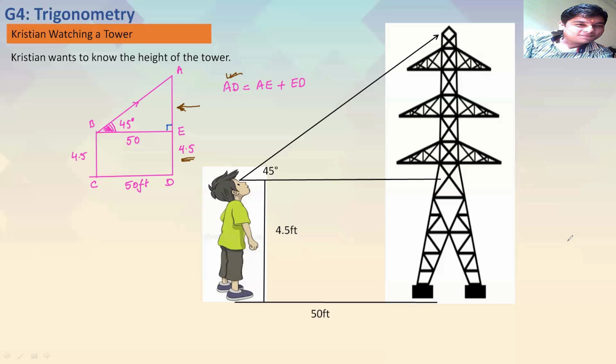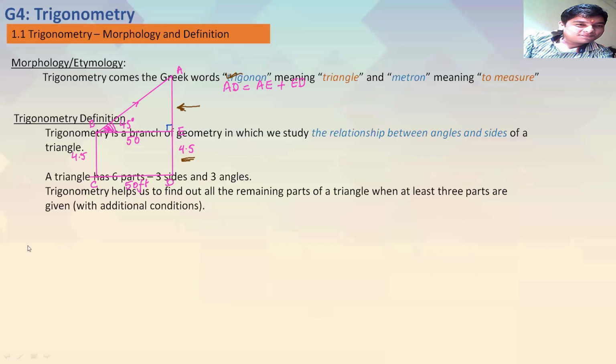Let me give you a briefing on what trigonometry is. Trigonometry is made up of two words. Trigonon, meaning triangle. You saw that in the previous figure we had a triangle. A triangle is a must in trigonometry. And metron refers to measure. Trigonon, metron: that means to measure triangles, to measure the parts of triangles.